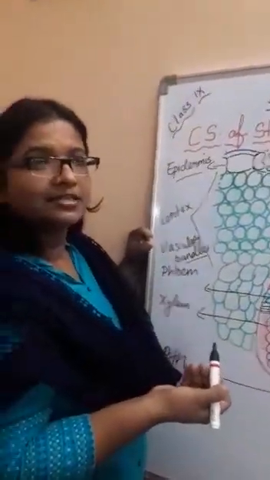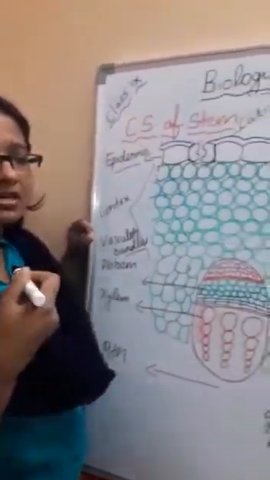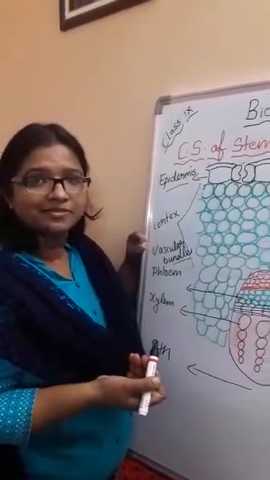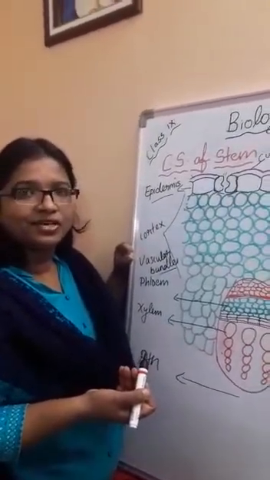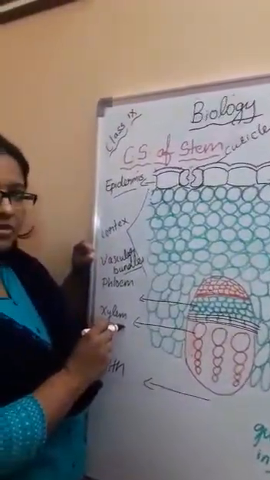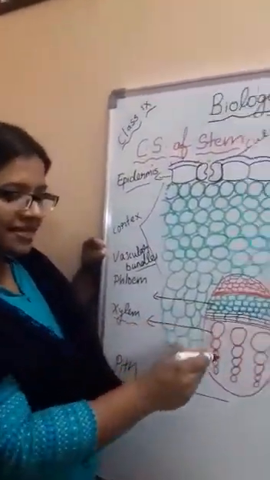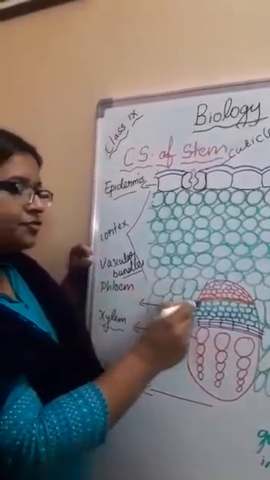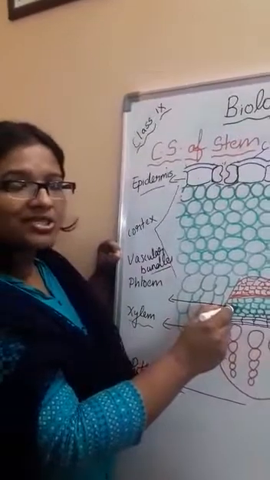And what does the process of water, mineral transport or even food transport in plants? You already know that. The water and minerals are transported by means of xylem. See how I have represented xylem here? And the food is translocated throughout the plant.